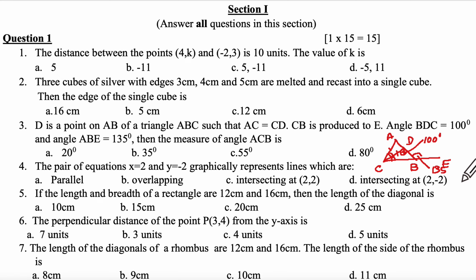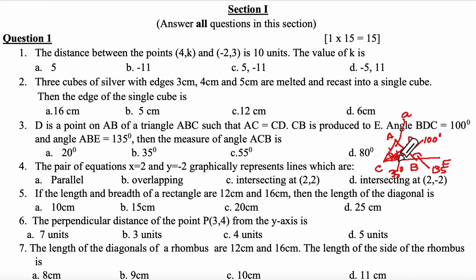Understood, no? The diagram. This is 135. So this plus this is 135. This is 100, so this angle becomes 35 degrees, correct? Understood up to here. Now can you see this angle over here?